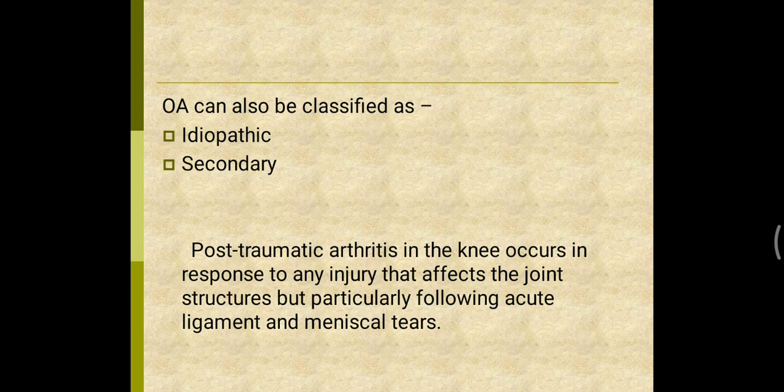Okay, and secondary osteoarthritis is caused due to some infection like osteomyelitis, etc., or any type of trauma to that joint, or any type of fracture, obesity, excessive weight, etc. Okay, so post traumatic arthritis in knee is also common.